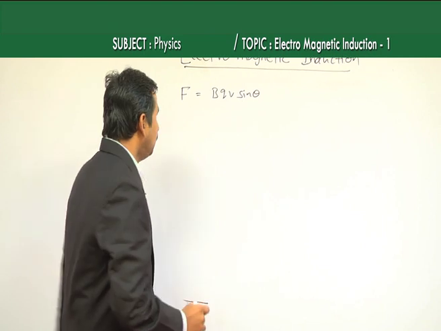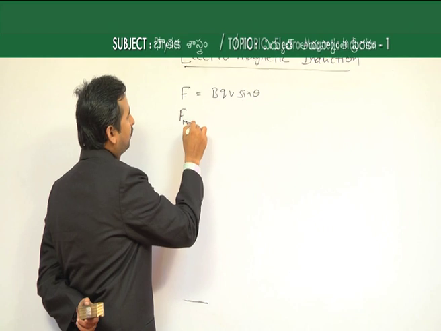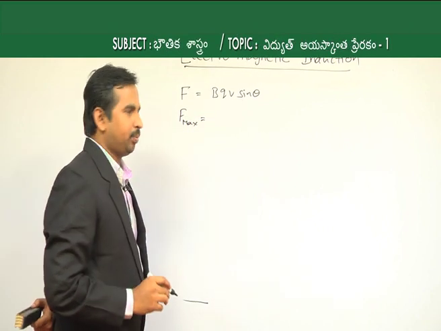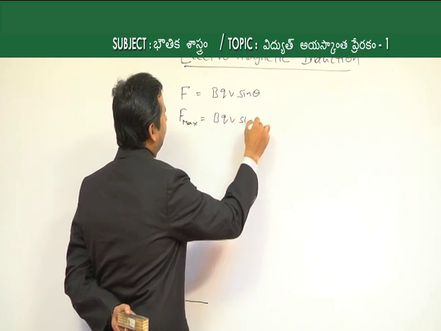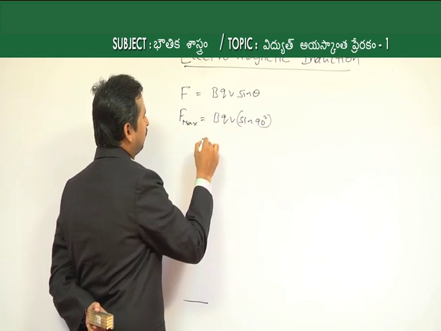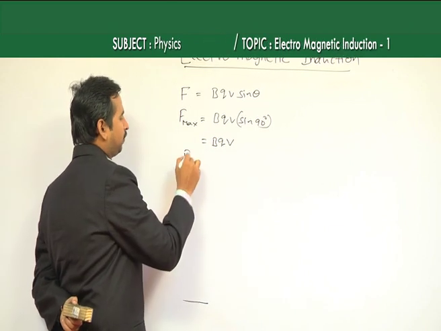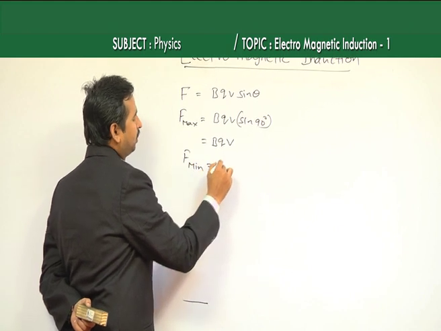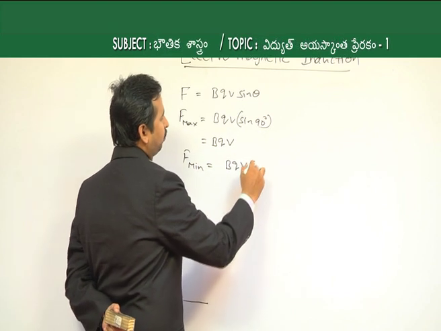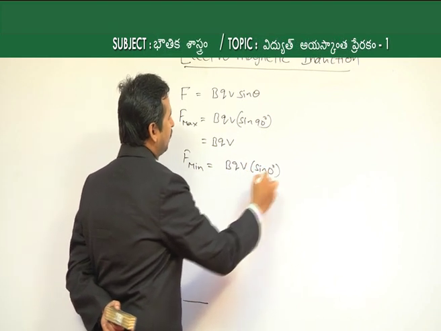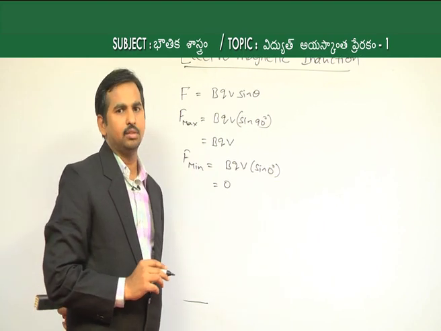For the case of maximum, if the charge is going perpendicular to the plane, theta becomes 90, so B Q V sin 90 degrees, where sin 90 is 1, and the maximum value we get is B Q V. For the case of minimum, where the charge is parallel, B Q V sin 0 degrees, and sin 0 becomes 0. So the minimum force acting is 0.